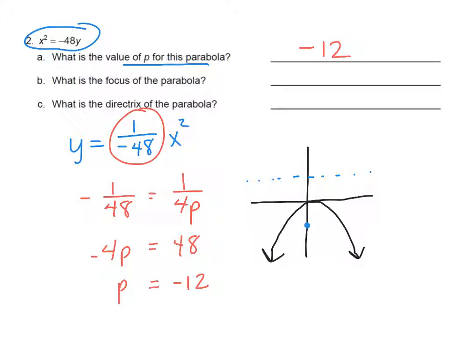Since I know the distance from the vertex to the focus is 12 units, in this case in the negative direction, that's going to list our focus at (0, -12). And then my directrix, which is a horizontal line, will be y equals a positive 12 because it's in the opposite direction.